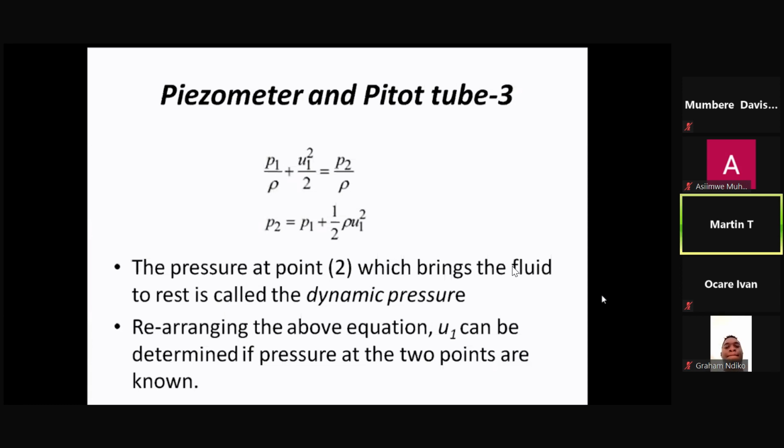So P2 is equal to P1 plus a half V1 squared into rho. So you've seen where that equation for P2 has come from.